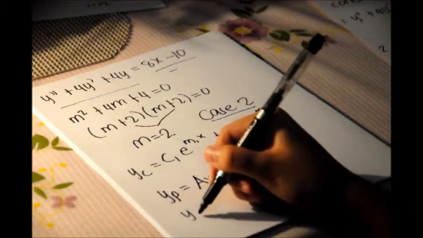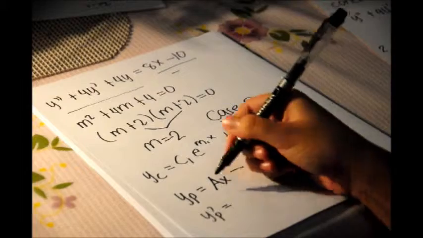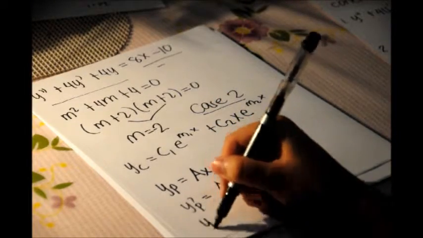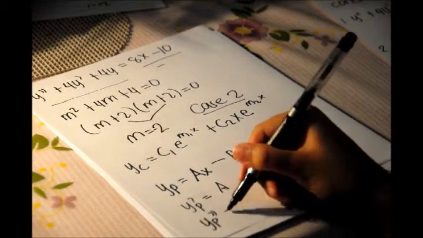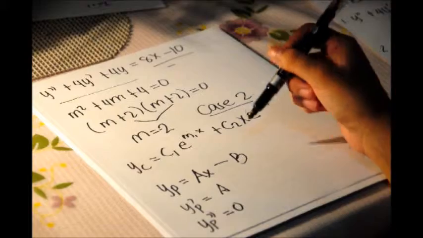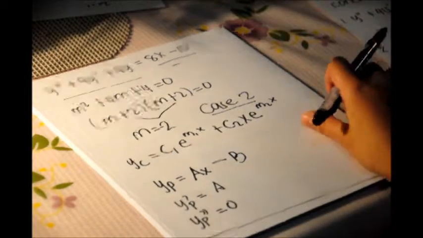Now let's solve for YT prime and YT double prime. So YT prime is equal to A, while YT double prime is equal to 0. So now we have the values of YT prime and YT double prime. So now let's substitute.